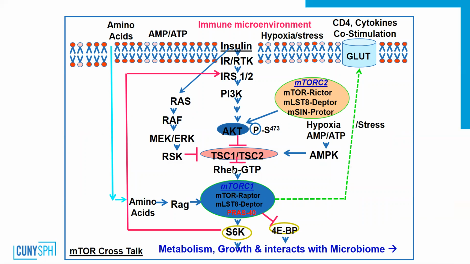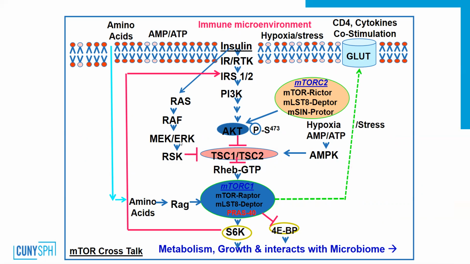That's inhibitory to the Rheb-GTP, which activates mTORC1. In addition, the mTORC2 complex phosphorylates AKT at serine 473, and therefore it activates it, and if it's dysregulated, it can lead to cancer as well.